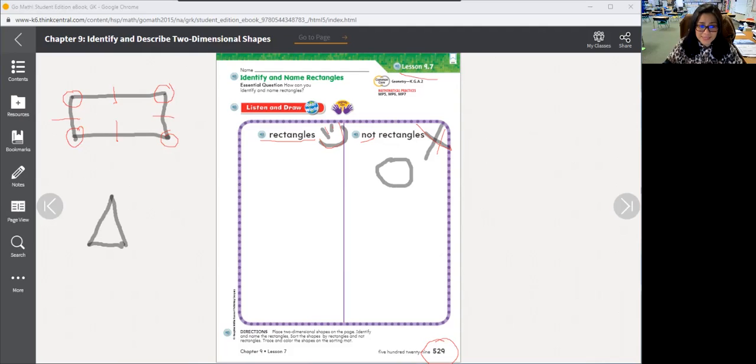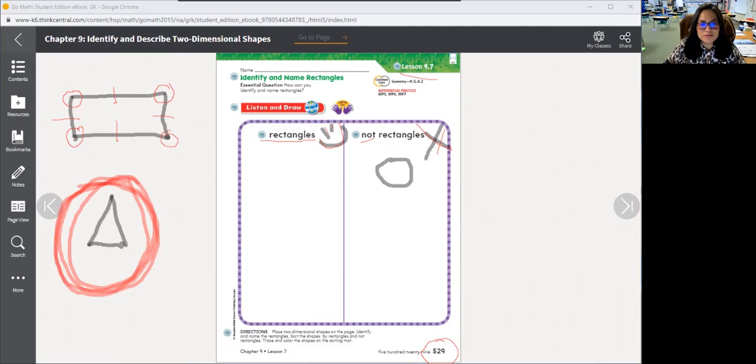This shape is a rectangle? This one right here? Yes. This one right here is a rectangle, yes or no? She's trying right there. The one that she circled, is that a rectangle? This one right here, is that a rectangle? Okay. No. Why not? Why is it not a rectangle, Sadie?